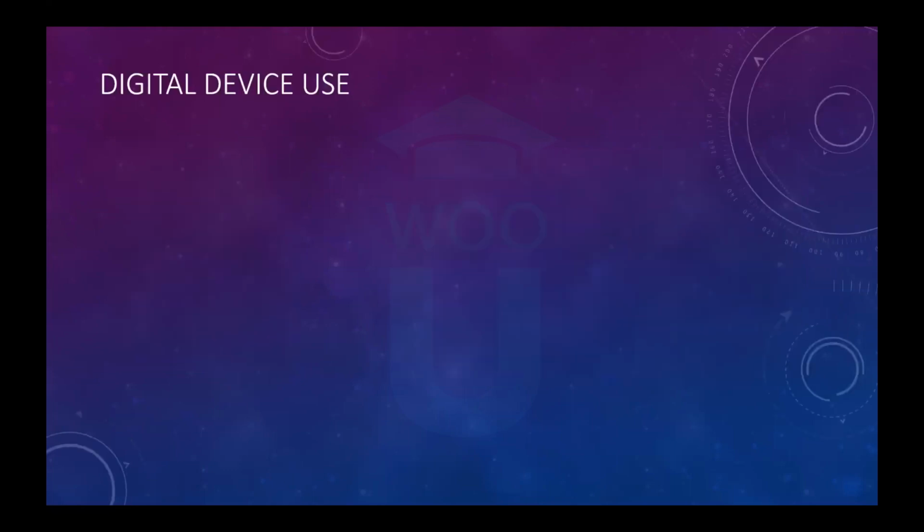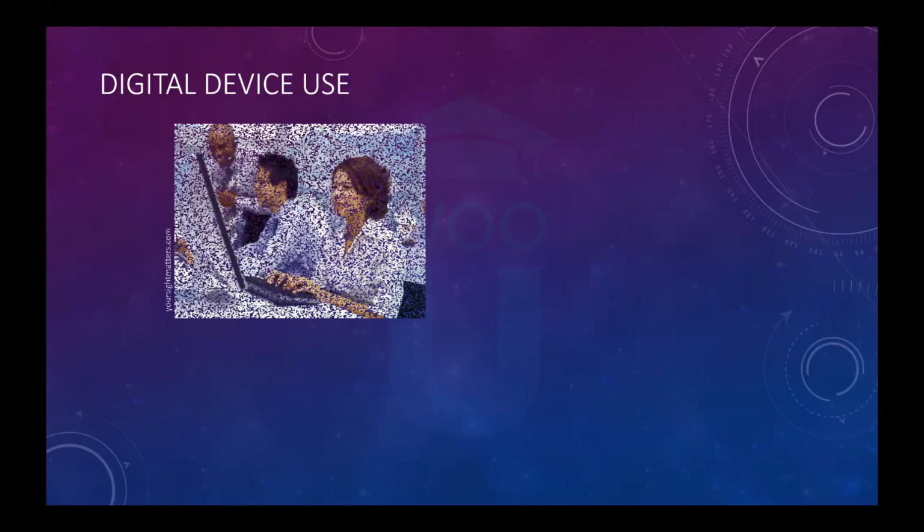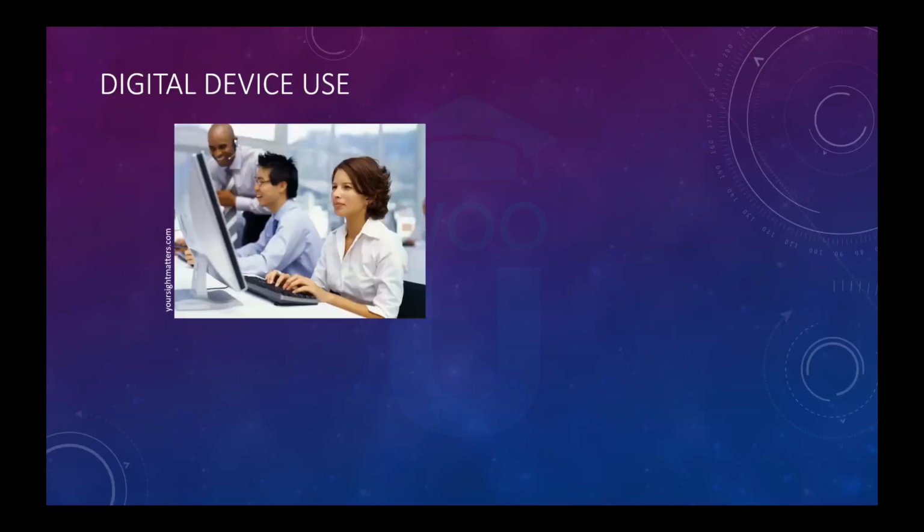So we know now more than ever before, digital device use is highly prevalent. So I have 2 kids, they're 12 and 14. They went back to school for like a few weeks in California. They were at home doing distance learning, and many, many patients have been working from home in non-ideal situations too.